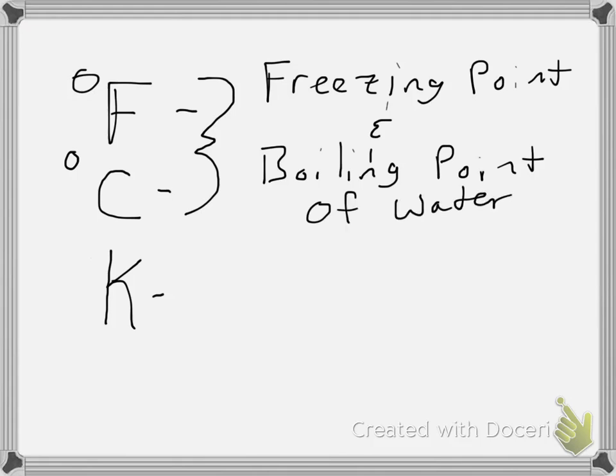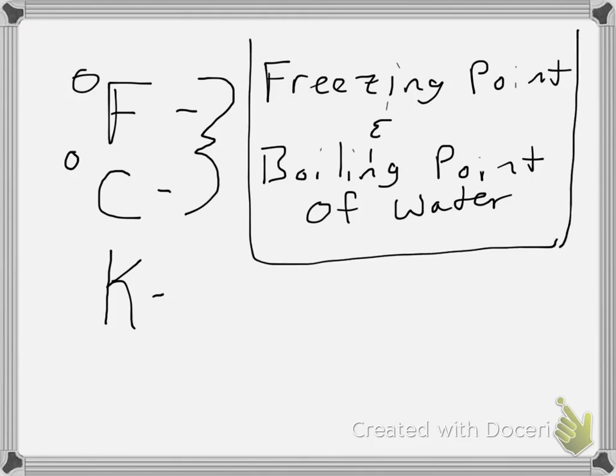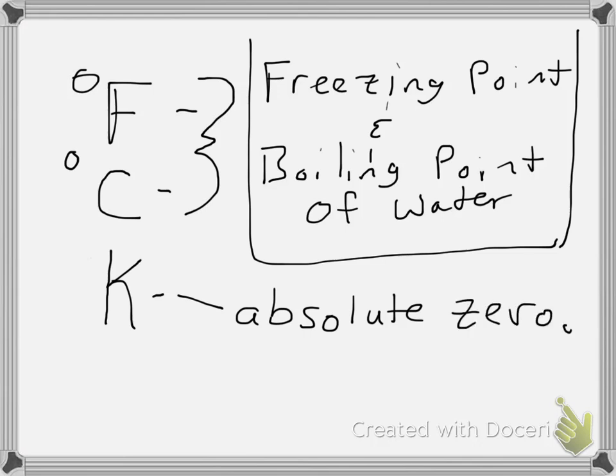So it is these two properties that anchor these two scales, whereas the anchor for the Kelvin scale is absolute zero. Okay, and you'll see what I mean by that here in just a minute.